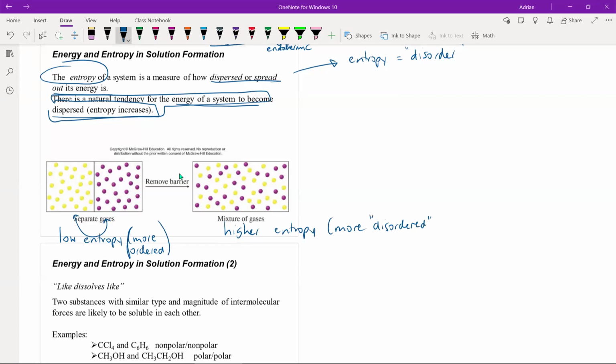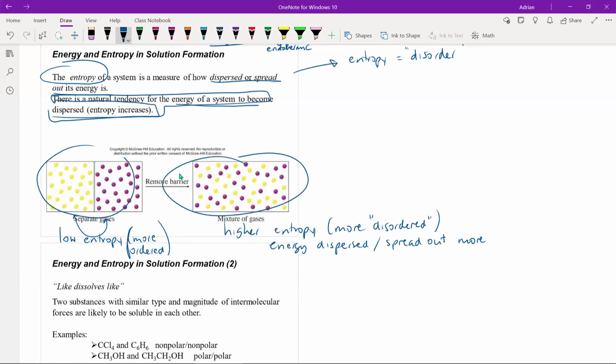Or a better way to describe this would be the energy is dispersed or spread out more here than when we have the gases confined to these two separate regions.